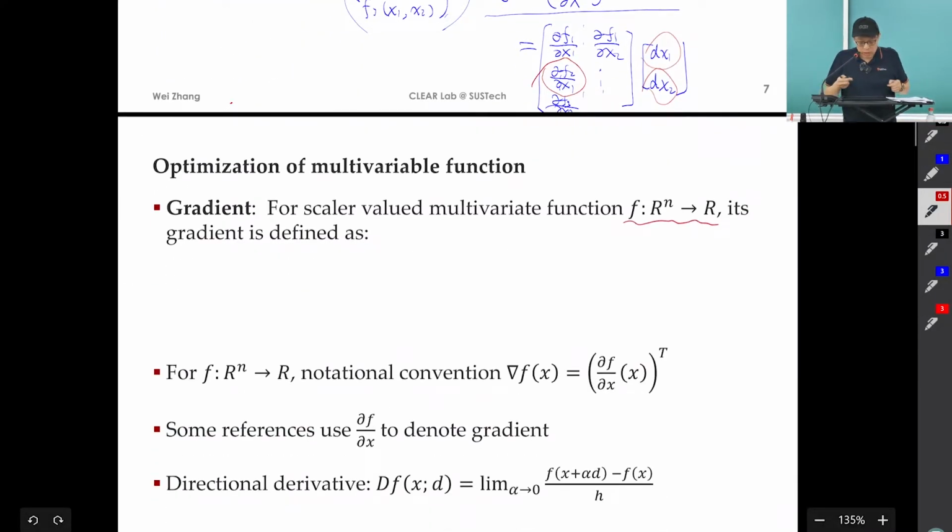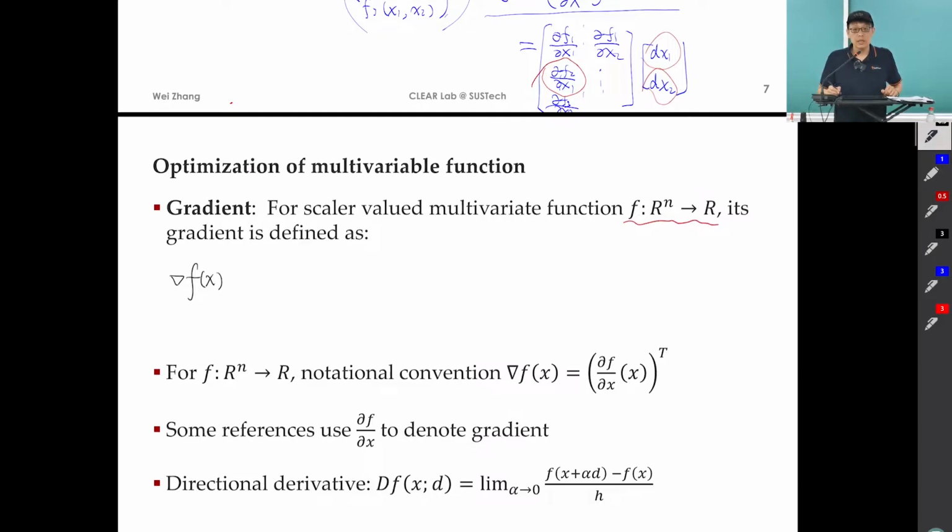If it's from Rn to R, it's just a scalar that tells you good or bad, the cost function. You must have learned this, right? The gradient, typically I write like this. Have you seen this? The upside-down triangle, nabla. This is called the gradient of f.